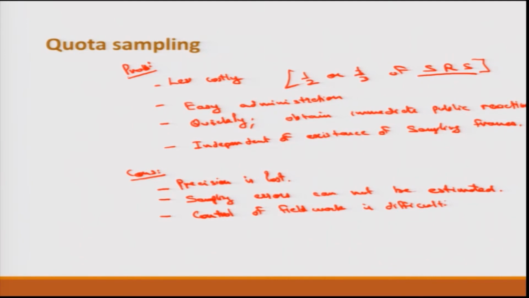So, next is multi-stage sampling. It can be a complex form of cluster sampling, because it is a type of sampling which involves dividing the population into groups again.